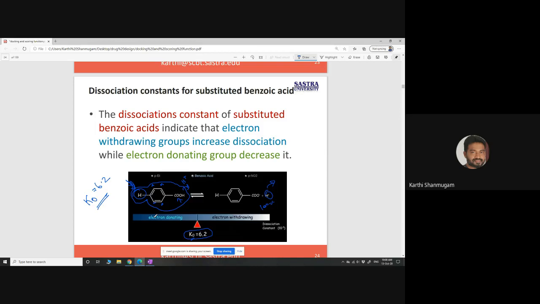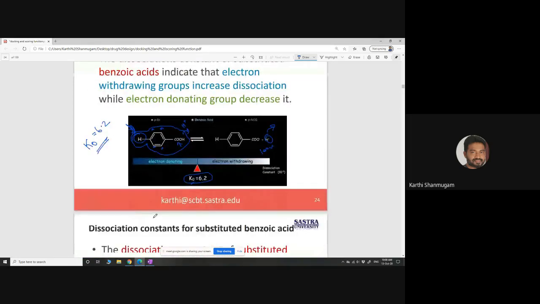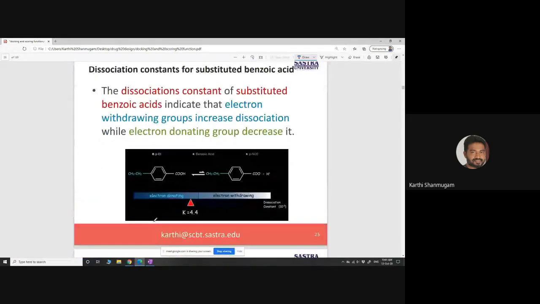For that, he first removed the hydrogen atom and replaced it with another organic functional group, CH3CH2. CH3CH3 is ethane, so this is ethyl. He replaced the hydrogen at this position with an ethyl group. Then he calculated the K value, the equilibrium constant, after replacing the hydrogen at the para position with CH3CH2.